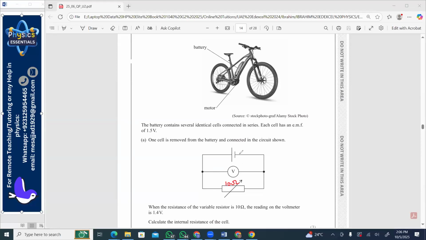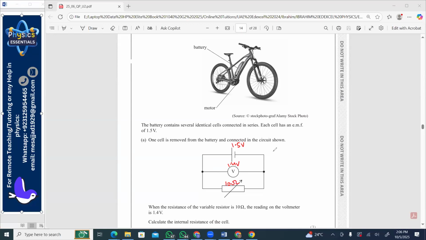This is 10 ohm and this is 1.4 volts. Oh, sorry. This is 1.4 volts and this is 1.5 volts. Calculate the internal resistance of the cell.